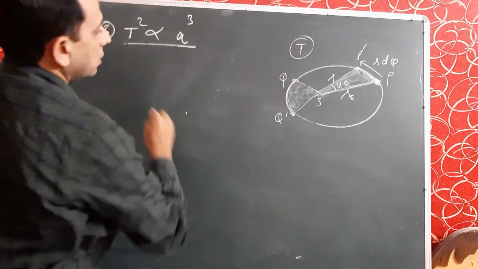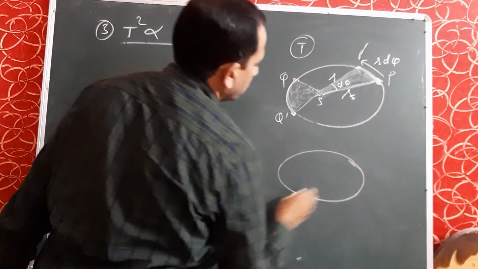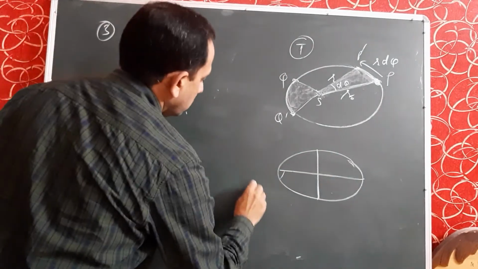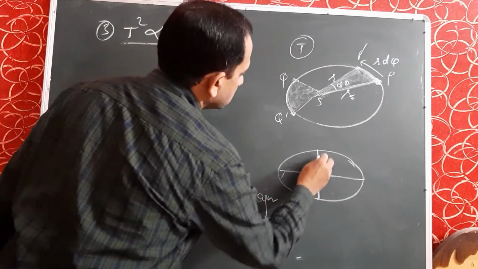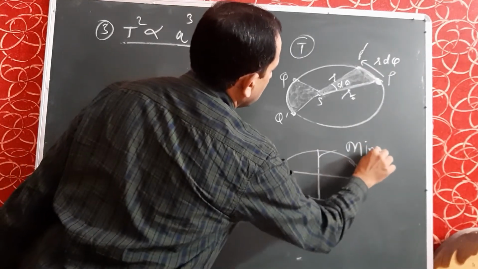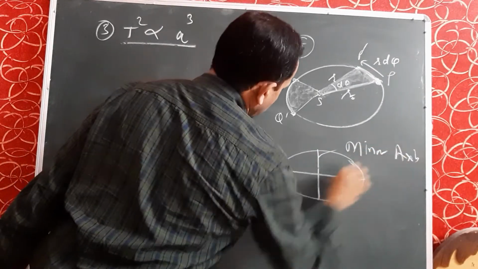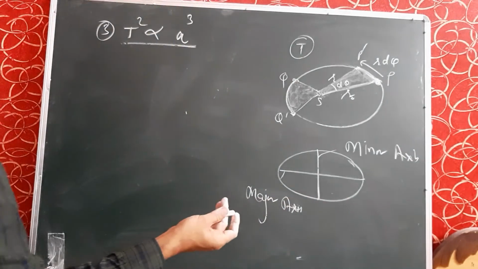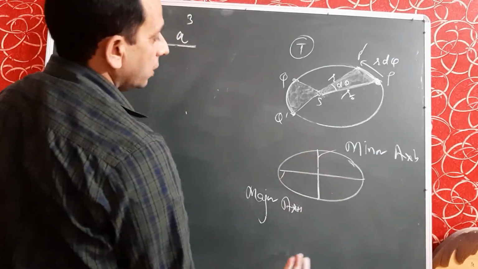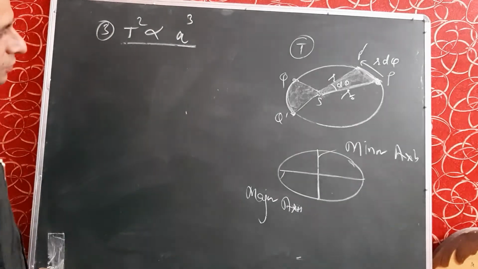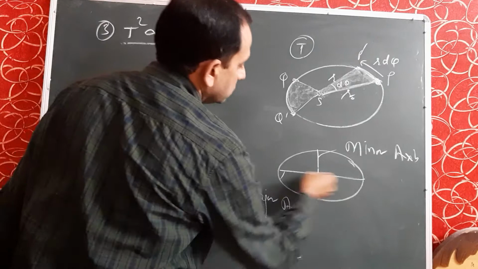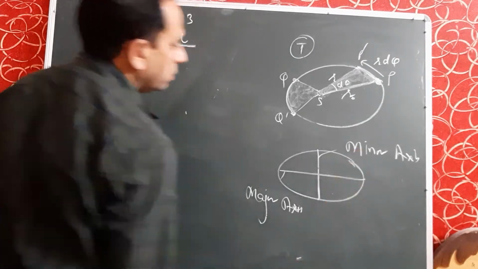And what is a? We know that in the case of an ellipse there are two types of axes. This is called the major axis and this is called the minor axis. As we know, in a circle both major and minor are equal, but in this ellipse the axes are different. This is major, that is large, and minor means small axis.